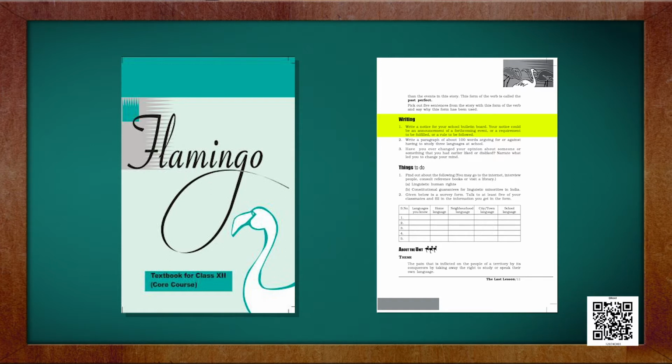Your notice could be an announcement for the forthcoming event, or a requirement to be fulfilled, or a rule to be followed. So, we notice a lot of things on our school bulletin board. The same way, the narrator of the story, Franz, when he started from home to the school, he noticed something on the town hall. So, same way we are going to write some notices, learn how to write notices.